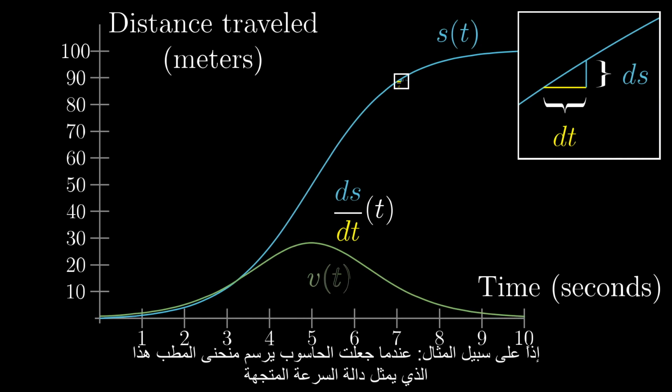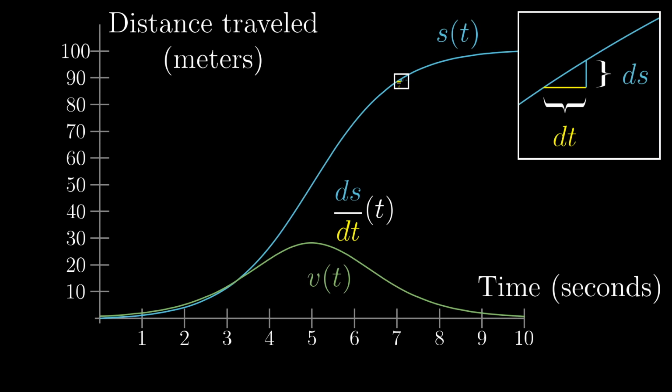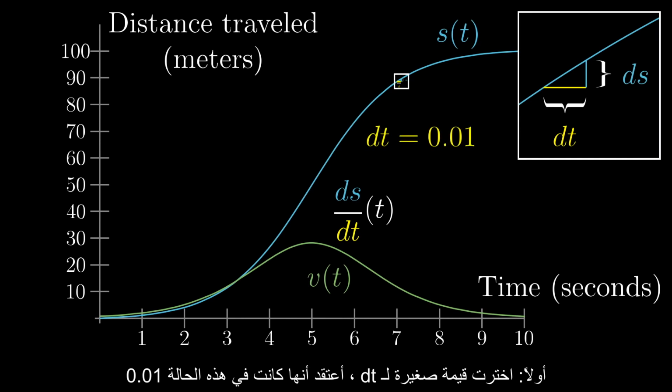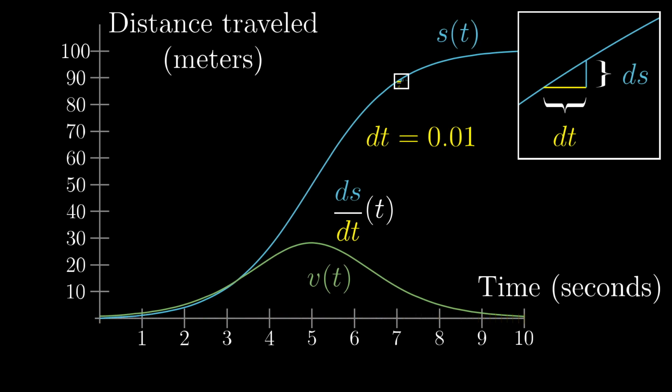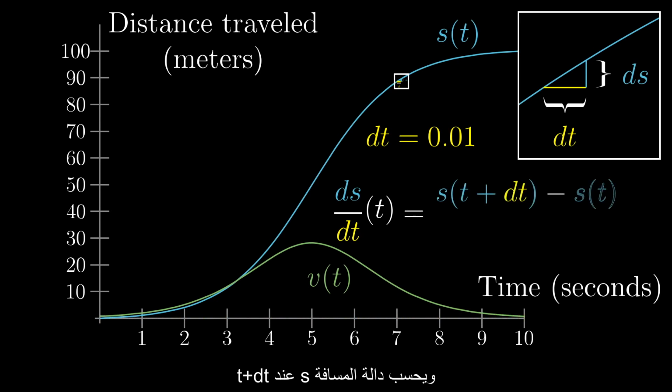So for example, when I had the computer draw this bump curve here, the one representing the velocity function, here's what I had the computer actually do. First, I chose a small value for dt. I think in this case it was 0.01. Then I had the computer look at a whole bunch of times t between 0 and 10 and compute the distance function s at t plus dt, and then subtract off the value of that function at t.